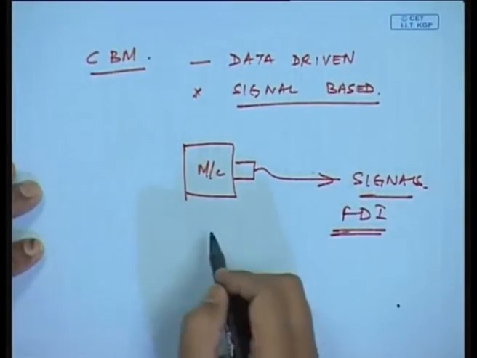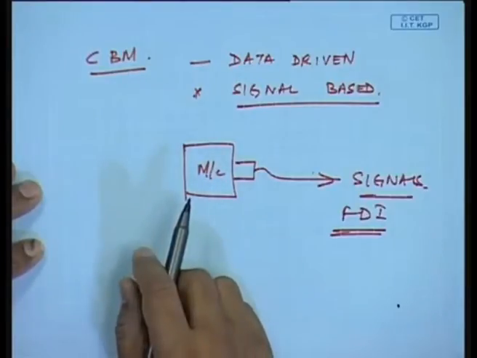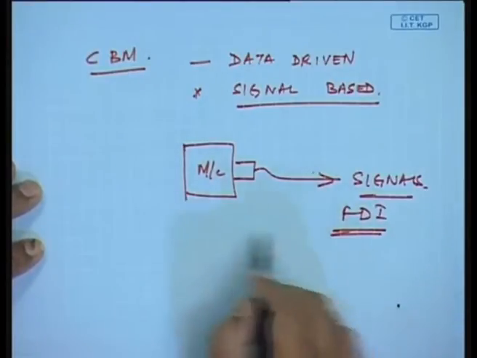That is how people traditionally do FDI or CBM in the industry, and this is very easy compared to the model based technique, wherein you require a lot of computation and a lot of physical understanding of the system.